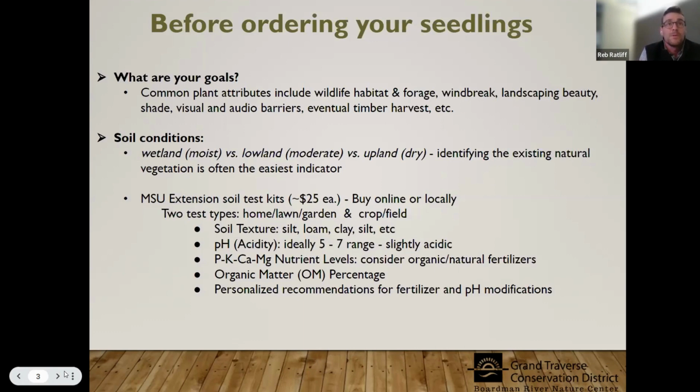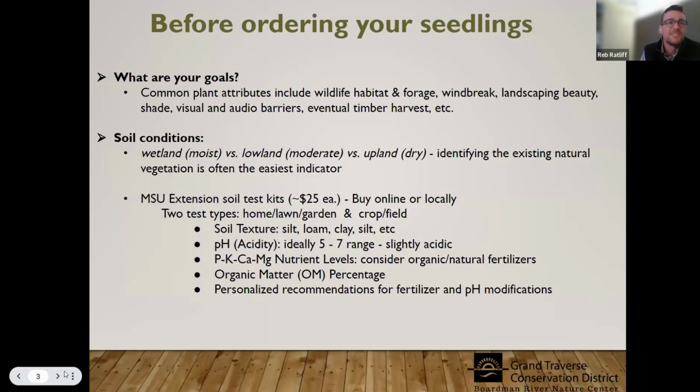So before ordering your seedlings, you've got to know what type of soil conditions you're dealing with. This is one of the most important things to consider when selecting the appropriate species. Is it a wetland, lowland, upland site? Shelly mentioned that, what was the phrase she used for site indicators or something to that effect?